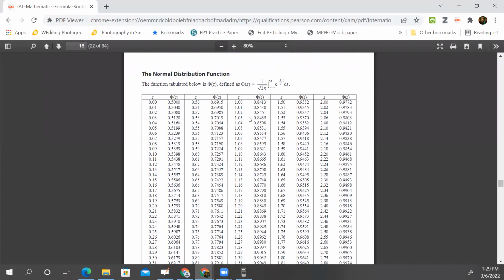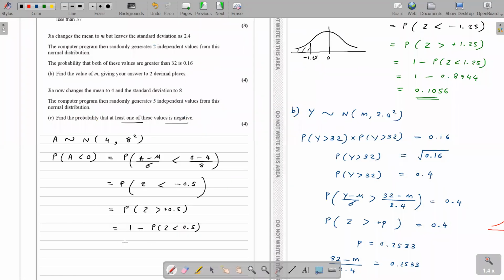The Z value we got was 0.5, so the area is 0.6915, right? So 1 minus 0.6915. What is the answer? 0.3085. So this is the probability that a single value is negative, right?